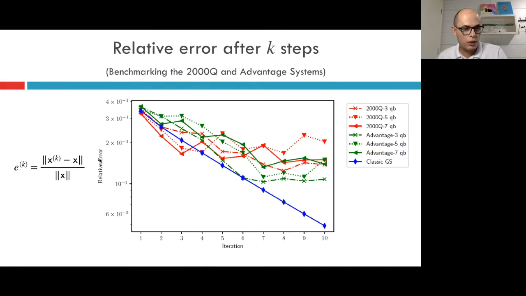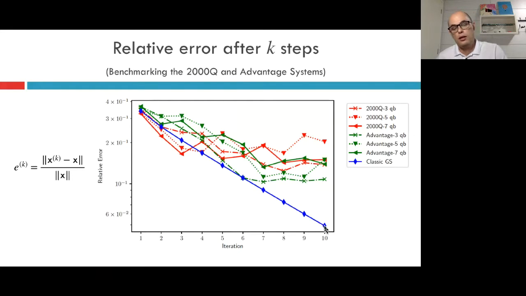The relative error is defined as the difference between the solution after k steps and the exact solution. This exact solution was obtained numerically in a classical computer. This was done in order to benchmark the quantum computers, the 2000Q and Advantage systems built by D-Wave Quantum Systems. And the results are here.